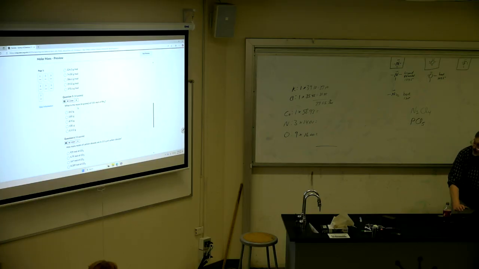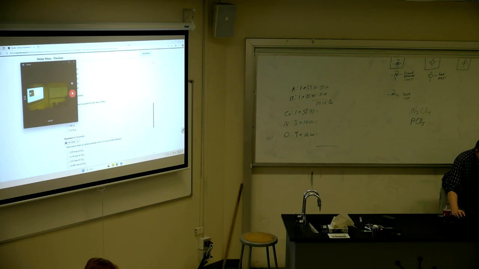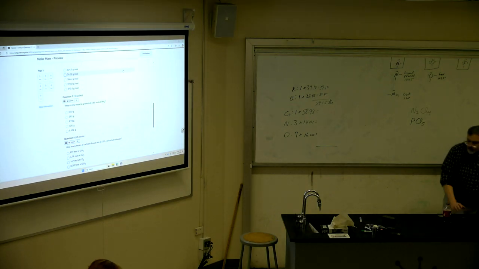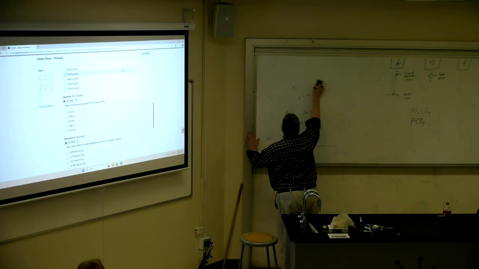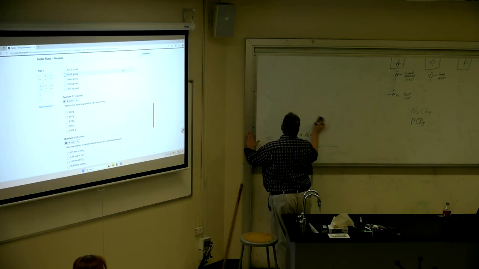Okay. Different type of problem. Now we're actually using the grams per mole to calculate something. So this is saying, number 5, what is the mass in grams of 3.81 moles of PH3? First, you have to calculate the grams per mole for PH3.